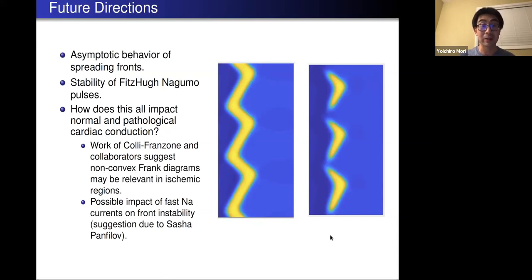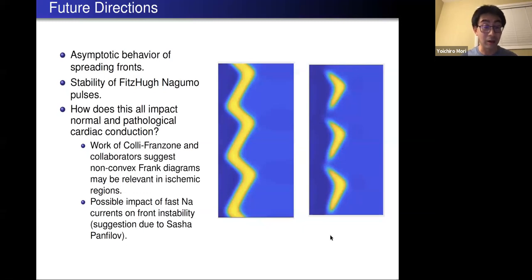And of course there's the important question of how does this all impact? This is all fun mathematics. What is the relevance of all of this to real cardiac conduction, cardiac electrophysiology? So it's not clear, but Colli Franzone, who has been a leader in cardiac electrophysiology for a long time, has been suggesting for some time that a non-convex Frank diagram could be very relevant for cardiac arrhythmias and cardiac ischemia.